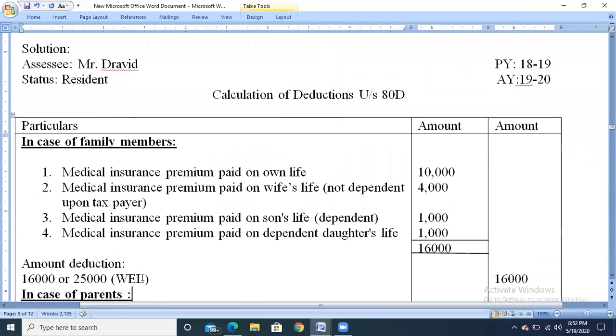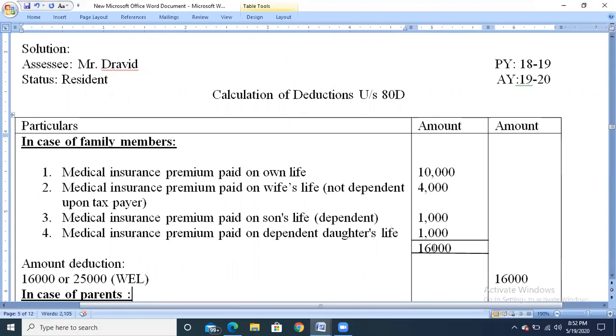So first, in case of family members, medical insurance premium paid on own life 10,000, wife 4,000, dependent son 1,000, dependent daughter 1,000. So total medical insurance premium paid for family members is 16,000.